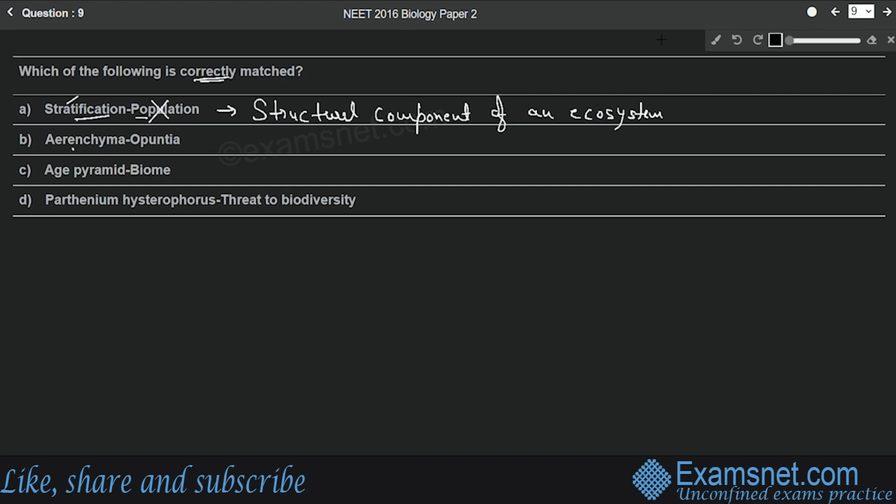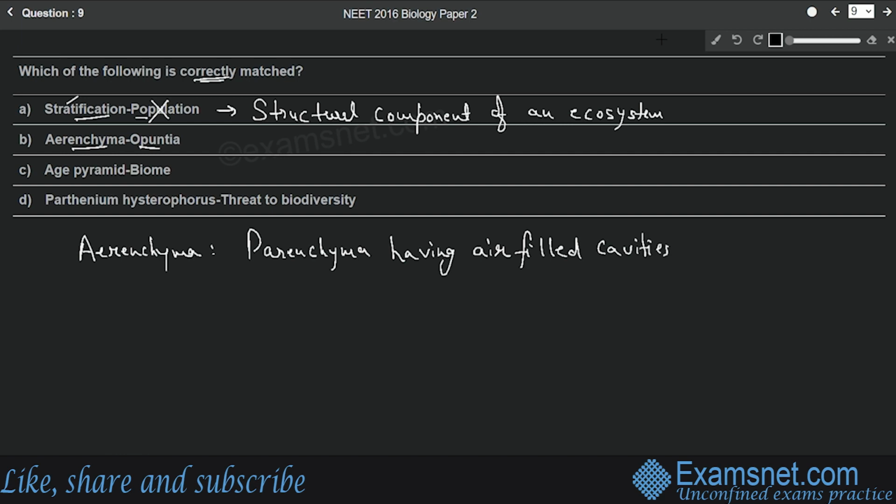Now in the second one, parenchyma is matched with opuntia. Now what is parenchyma? Let's write it down here. It is a type of parenchyma tissue, having fluid filled, air filled cavities. Now what do these air filled cavities do? They provide buoyancy to the plant.